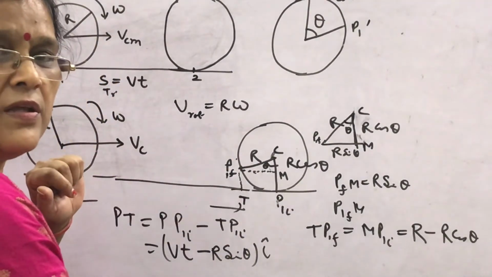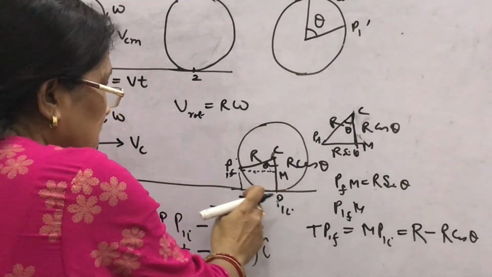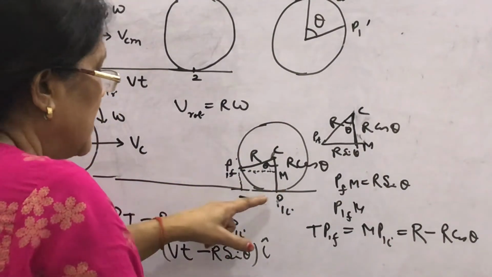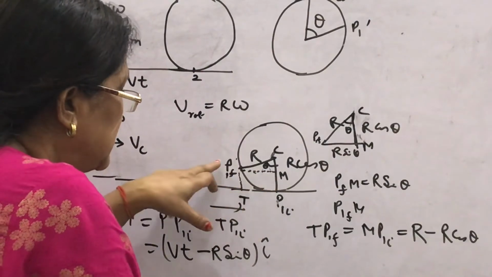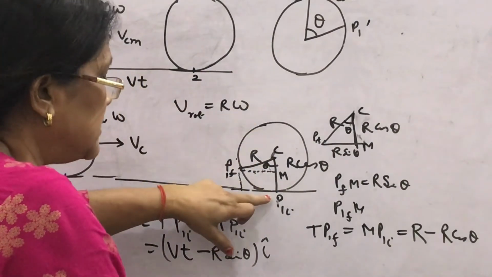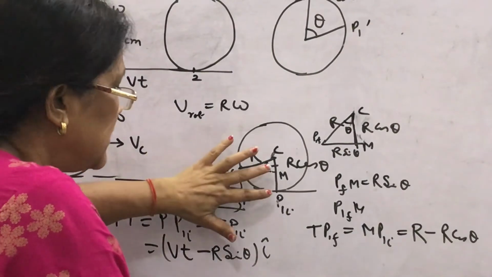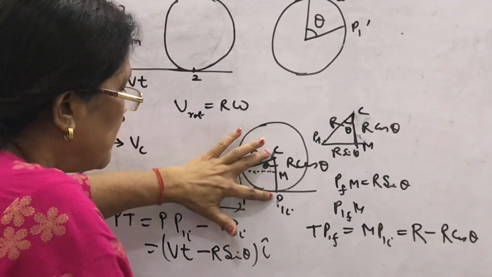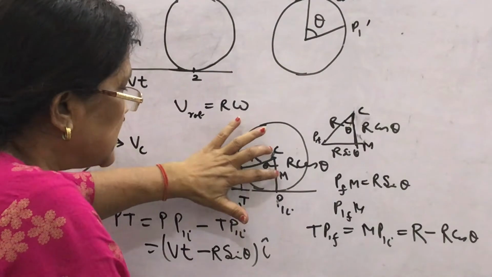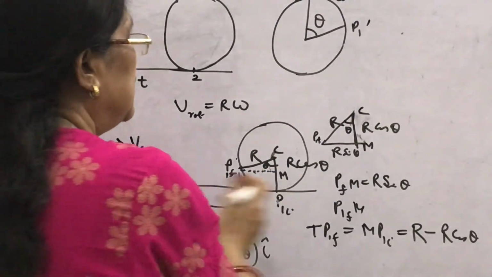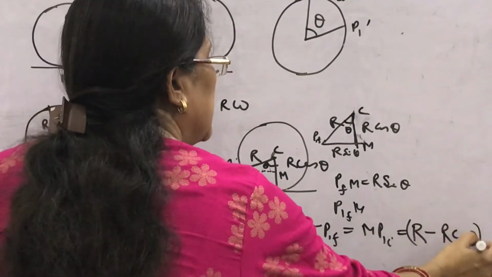direction. Since the particle has now come to this point, how much is the position raised? This is from P to M or from T to P1F. This total is R minus this distance, that is R cos theta. So this is the displacement in the y direction.